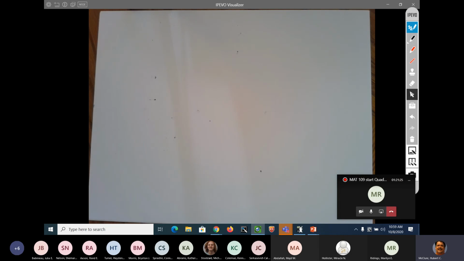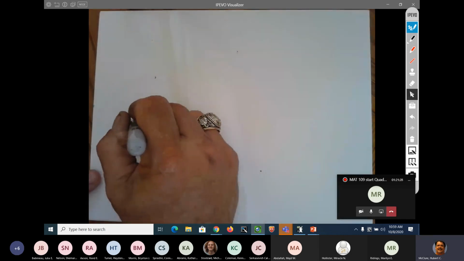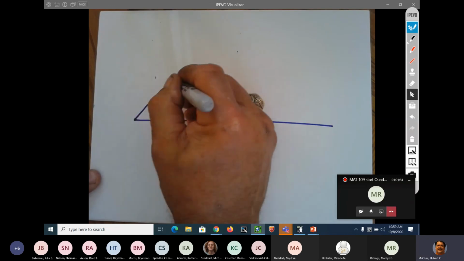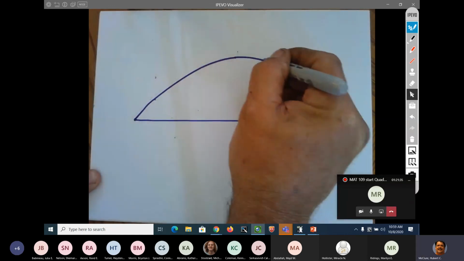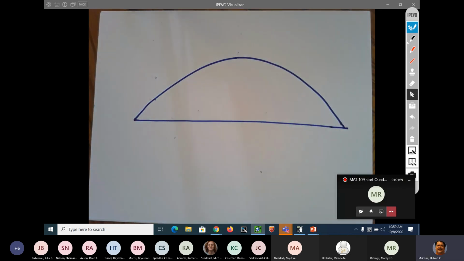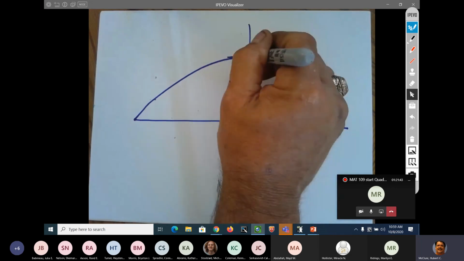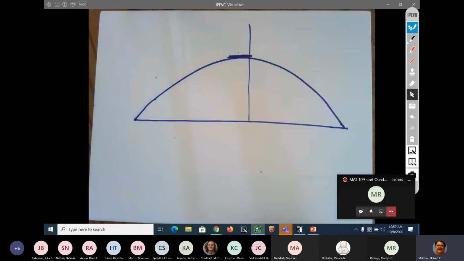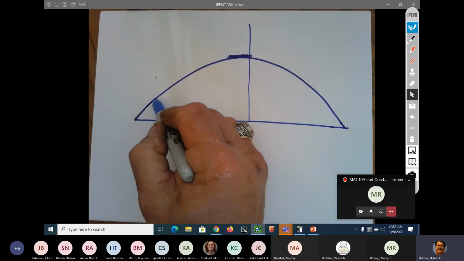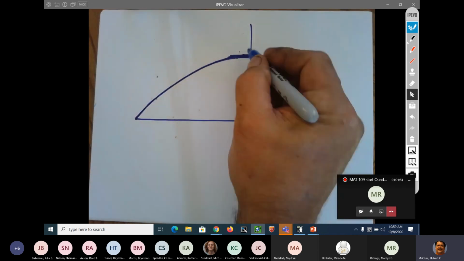When Michael Jordan leaves the basketball court and he jumps up to dunk it, he basically does this. Let's say this is the goalpost. Everybody with me? And he goes up to this point right here, and that's called the vertex.